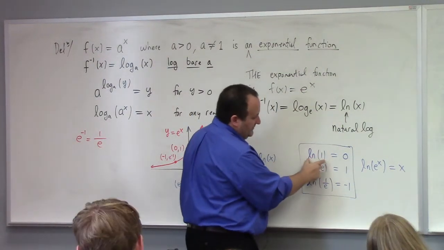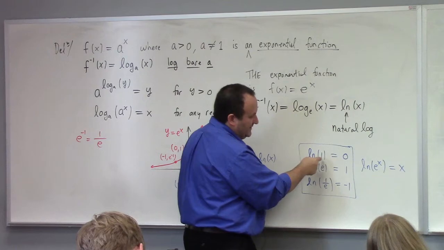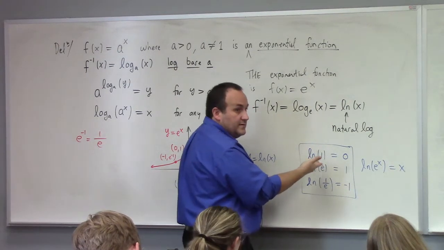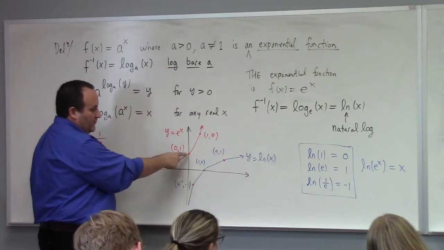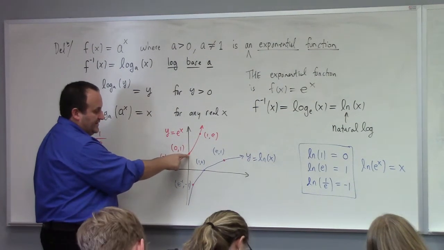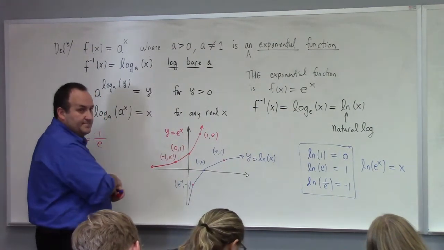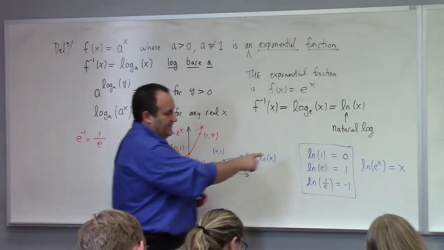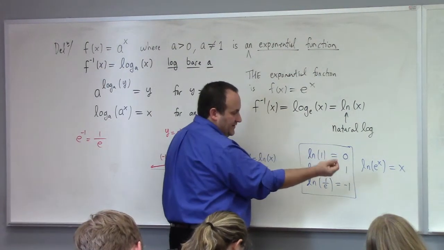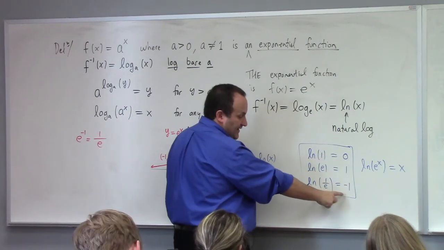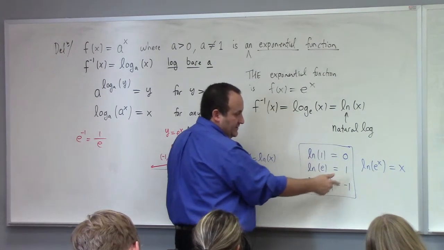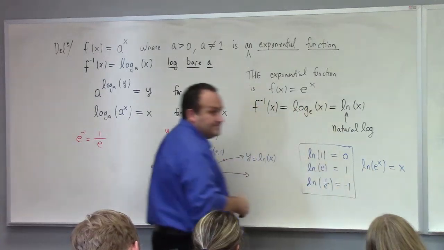My point is this: if we put x equal to 0, 1 is equal to e to the 0. See that? That's this y-intercept right here. So the top equation is really x equals 0, this is x equals 1, and this is x equals -1. These are all examples of this identity.